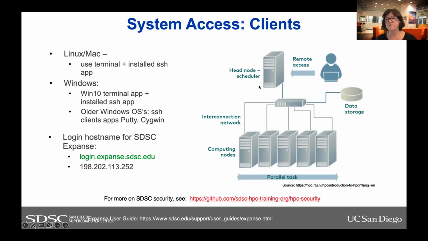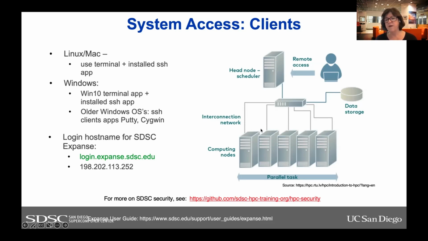Over here is a cartoon diagram of what a cluster looks like. You are the user sitting at your laptop. You use SSH to connect to one of those head nodes or login nodes. There are two of them, and it doesn't matter which one you get onto. Then you want to use these high-end compute nodes, but it's not that easy. You have to get permission, you have to have allocations, and you also have to submit a request to use one of these. Last night I looked, and there were 6,000 jobs in the queue, either running or pending.